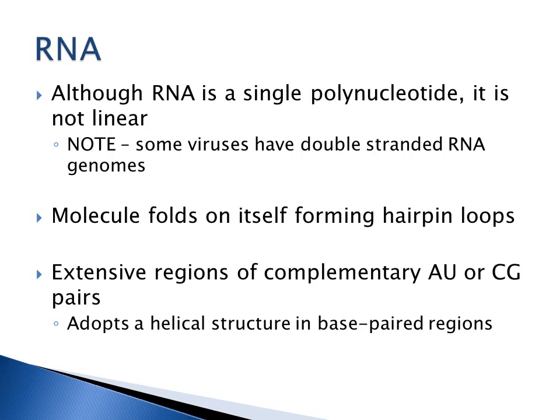So RNA. We already said RNA is single-stranded, so it's a single polynucleotide as opposed to DNA. However, RNA is not a linear structure. We already said viruses can have double-stranded RNA, just like human cells have double-stranded DNA. But in human cells, RNA is single-stranded, but it isn't linear.